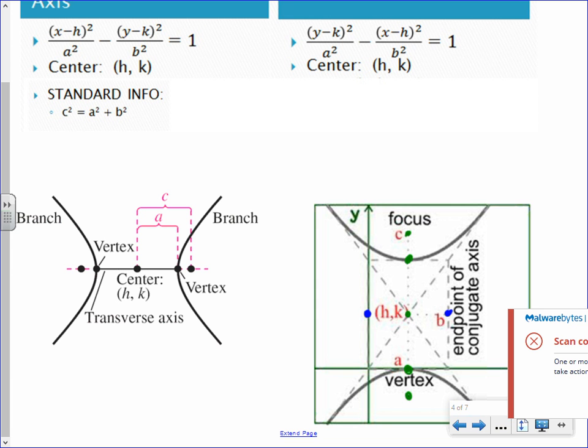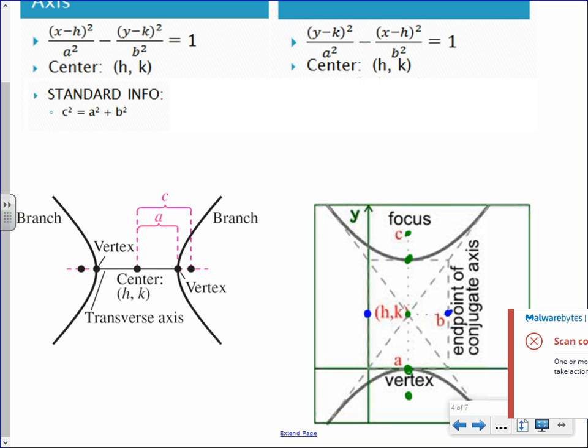Okay, so we're going to do two examples just like we did on Friday. One is going to be an example that's already in standard form. One is going to be an example that we have to get into standard form. We're going to start out with a very, very simple one, just to kind of get the hang of things. And then our next one will be more intense just because that's how it goes.